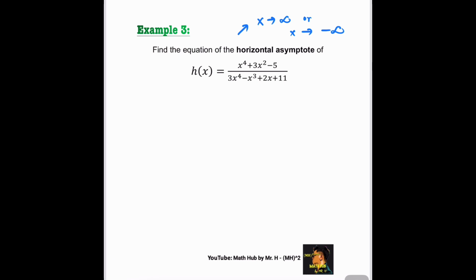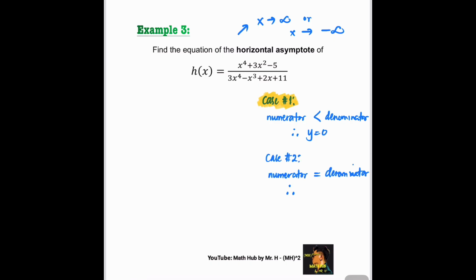All right, so case number 1, if the degree of the numerator is less than the degree of the denominator, then the horizontal asymptote will be y equals 0. Okay, so that's case number 1.